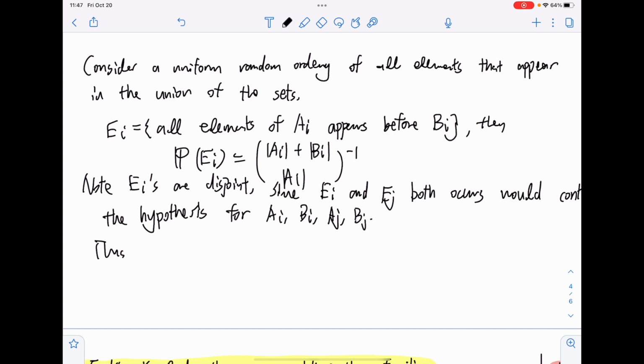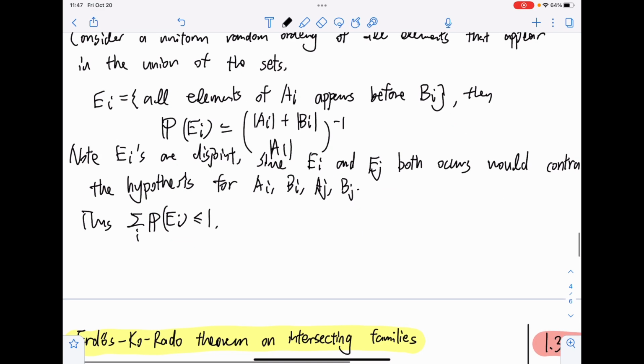Thus, the sum of all the probabilities of E_i is less than or equal to 1, which yields the claimed inequality. There are also some beautiful linear algebraic proofs of the theorem and its extensions.